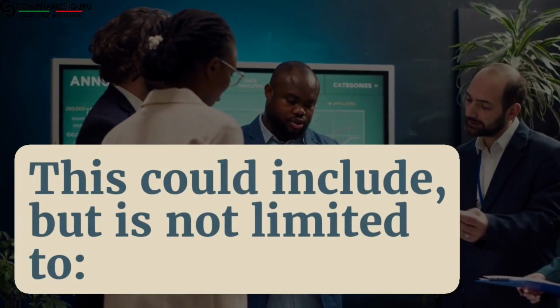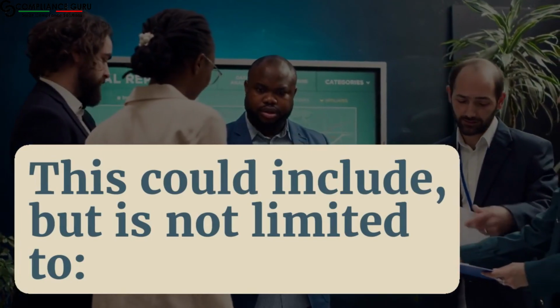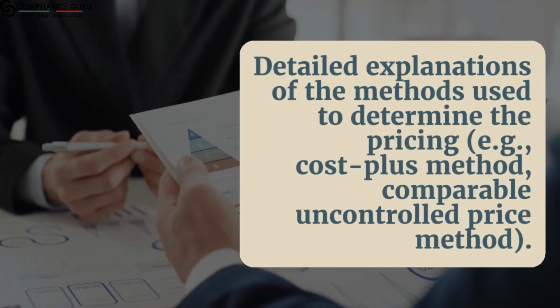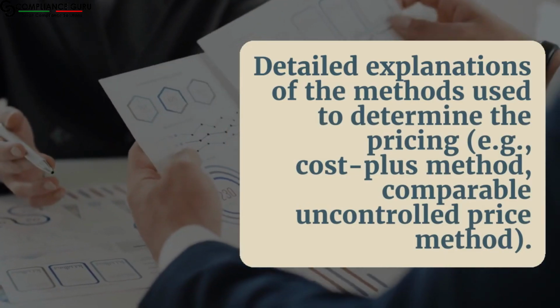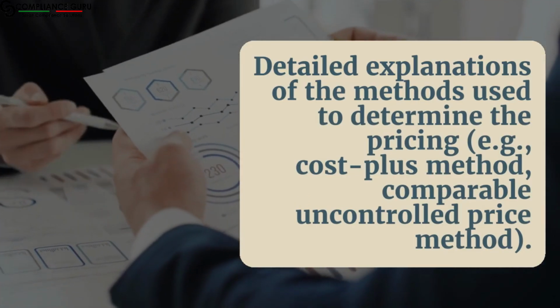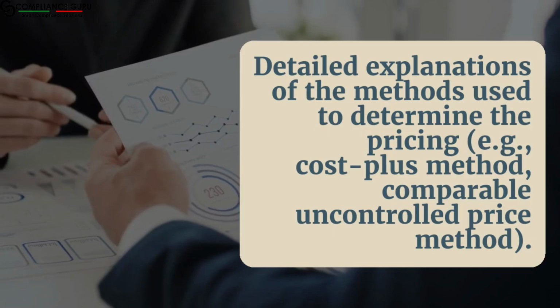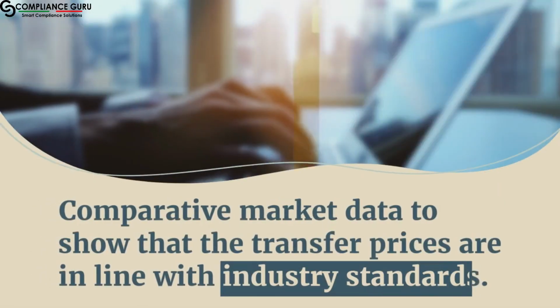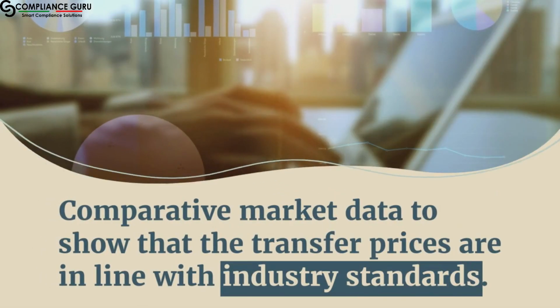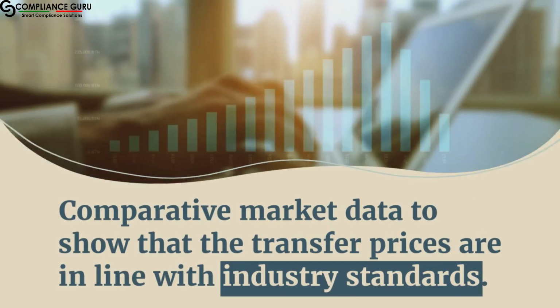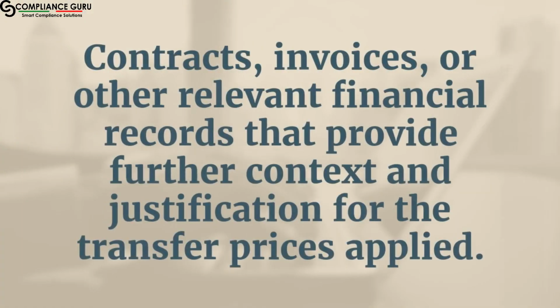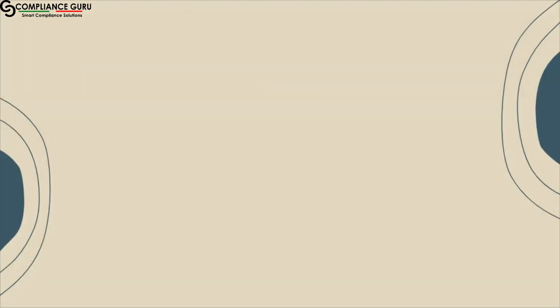This could include, but is not limited to, detailed explanations of the methods used to determine the pricing, for example, cost-plus method, comparable uncontrolled price method. Comparative market data to show that the transfer prices are in line with industry standards. Contracts, invoices, or other relevant financial records that provide further context and justification for the transfer prices applied.